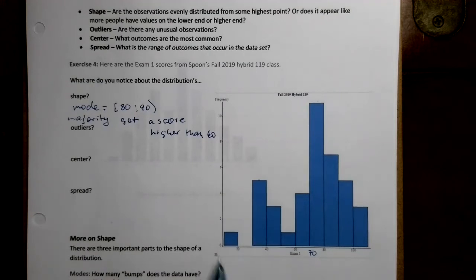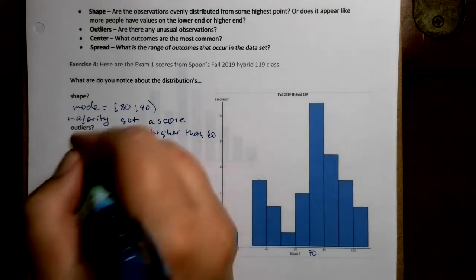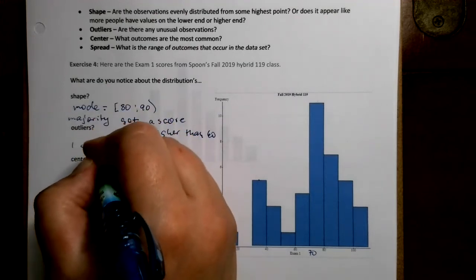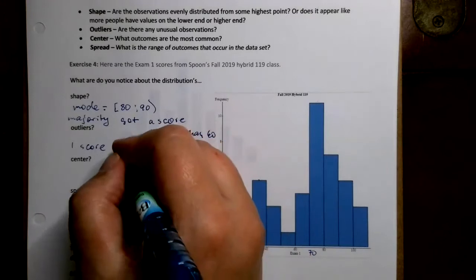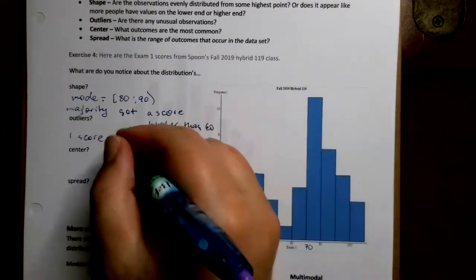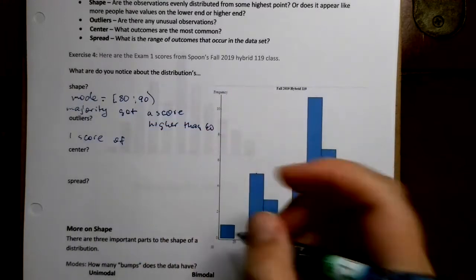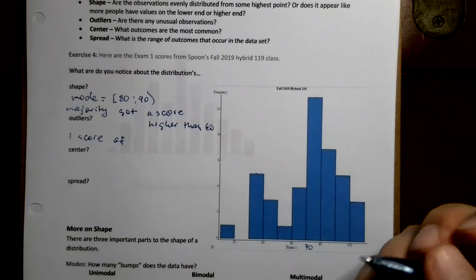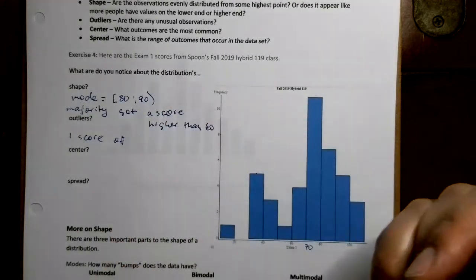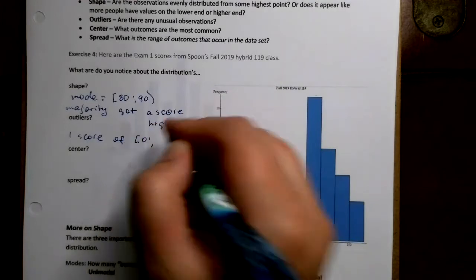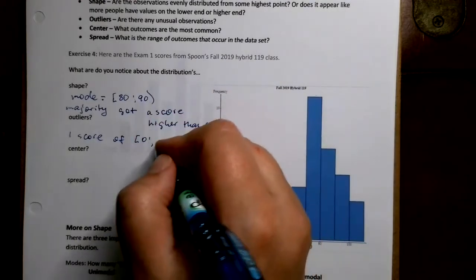So yes, there is an outlier, one score. We don't know exactly what the person got. Well, actually, I know exactly what the person got. The person did not show up. That's why they got a 0, actually. But from the graph, we don't know that. So from 0 to 20.